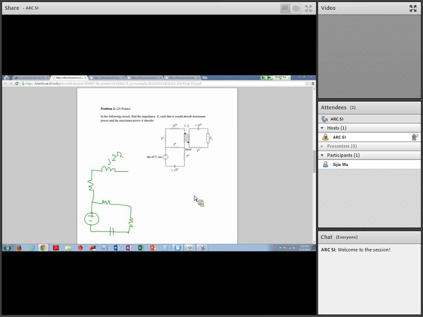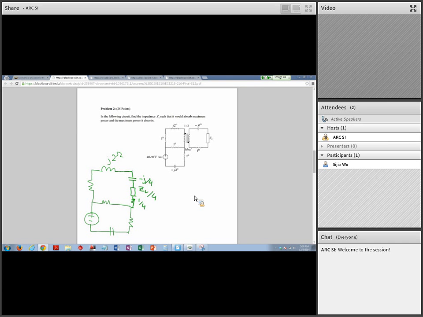Minus j over 4. ZL. I actually do find the correct ZL, since the factor of 4 is there. It's not inside ZL.